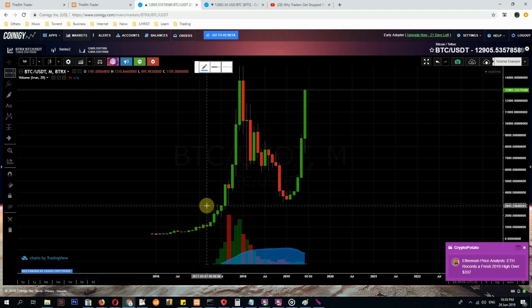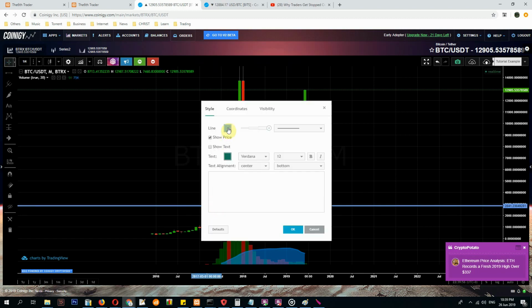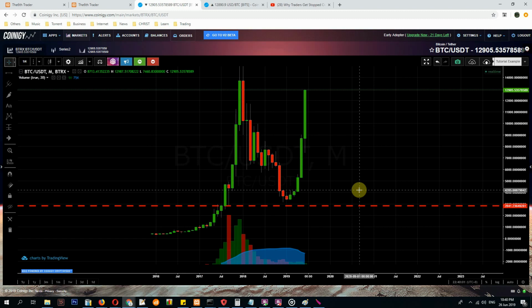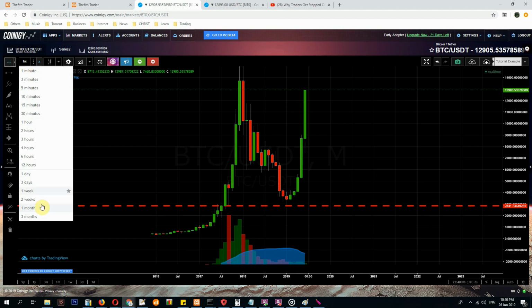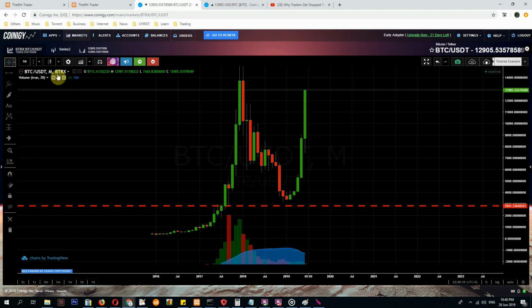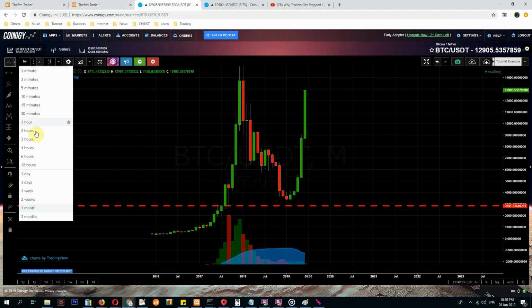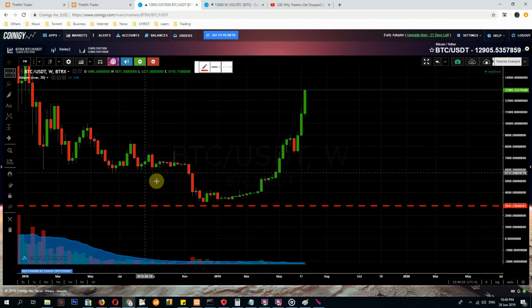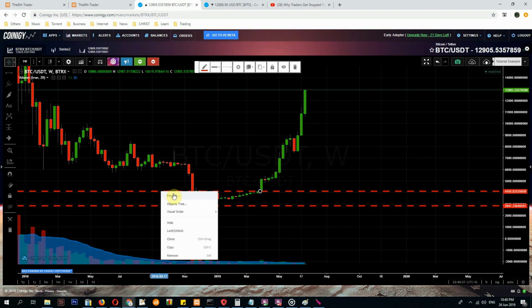By the way, ipaliwanag ko ang color coding ani. When it comes to monthly time frame, M, monthly, red ang broken line. When it comes to weekly time frame, akong color nga ganahan ibutang is dili red but purple.